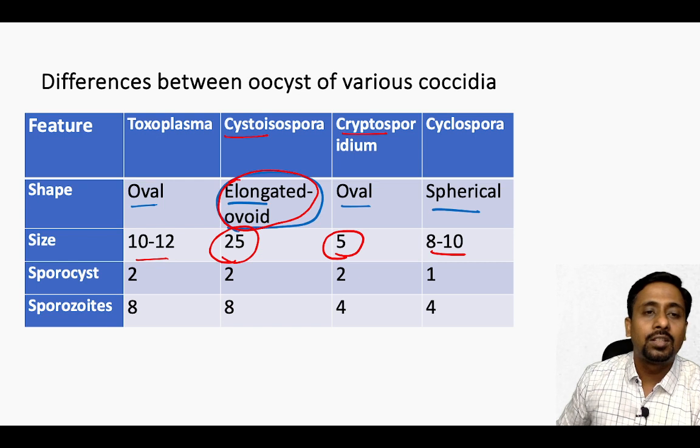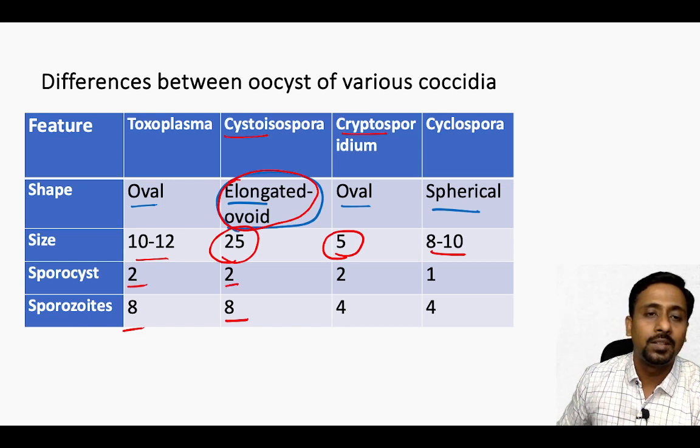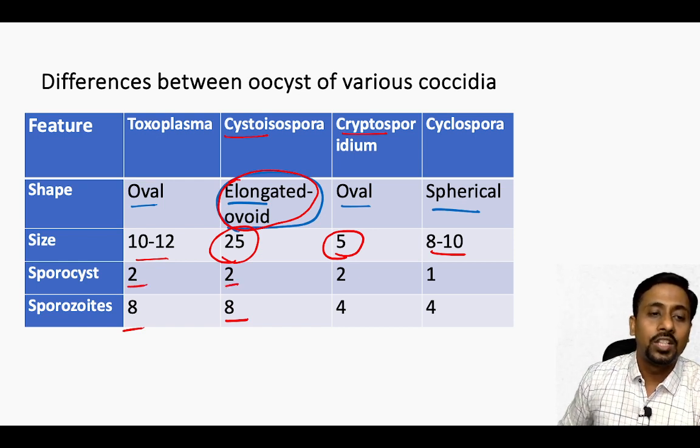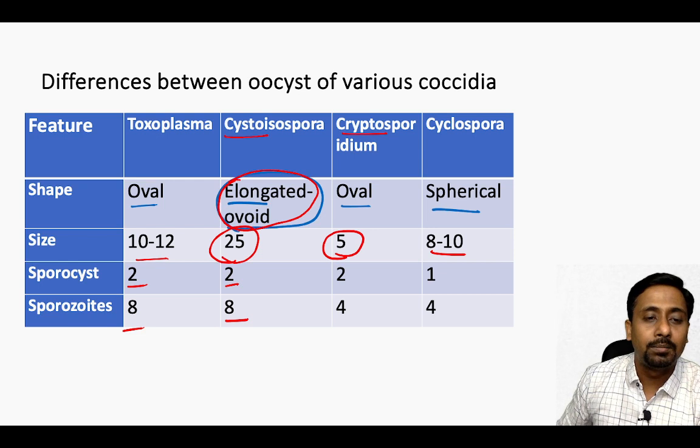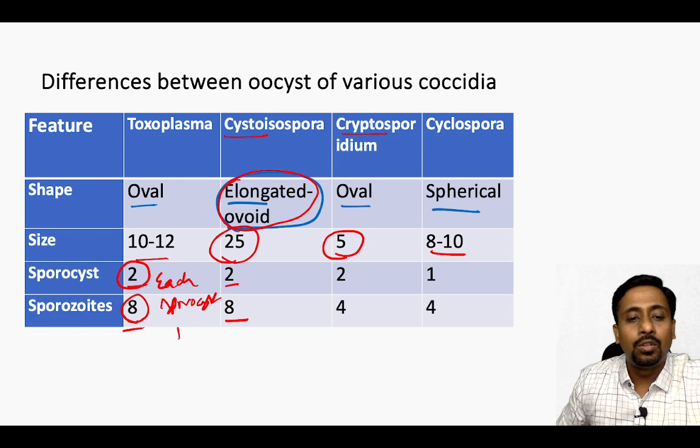In the case of Toxoplasma and Cystoisospora, the number of sporozoites and sporocysts are 8 and 2 respectively. Sporozoites are 8 in number and sporocysts are 2 in number. That means each sporocyst has 4 sporozoites in these two.